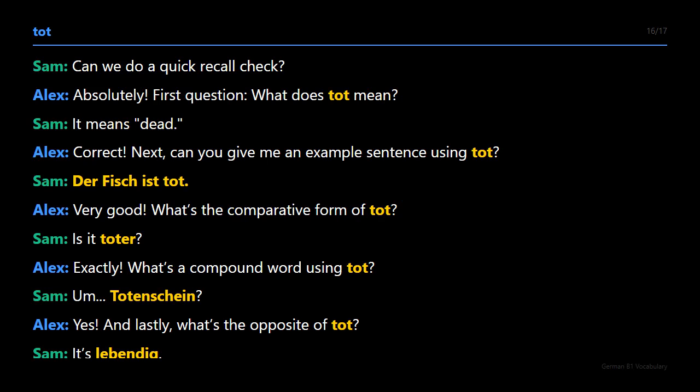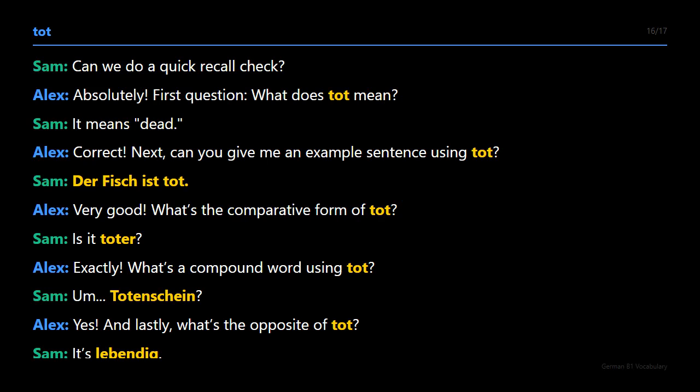Can we do a quick recall check? Absolutely. First question, what does tot mean? It means dead. Correct. Next, can you give me an example sentence using tot? Der Fisch ist tot. Very good.